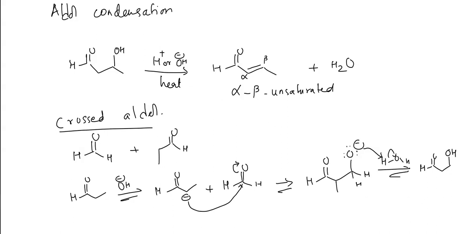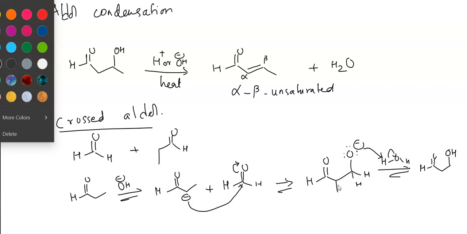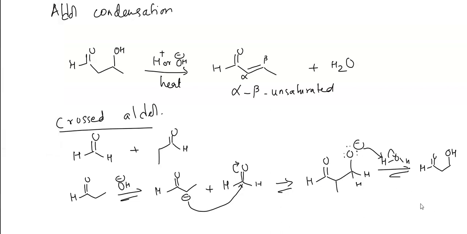I keep my R group here, right? This R group. So this will be my product. So I have the beta hydroxy carbonyl compound. See, this is at the beta position, I have a hydroxy. You can keep the hydrogens if it is confusing, but that is my product here.